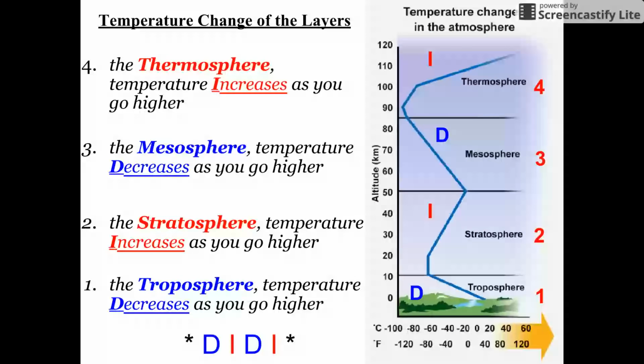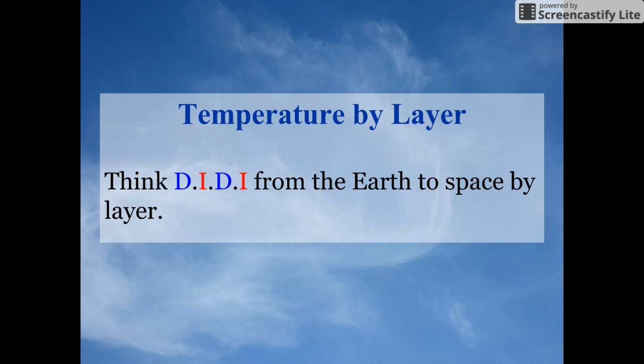The temperature increases as you go higher because now you have very little protection from the sun. So again, temperature by layer. Think DIDI, from Earth to space by layer. Decrease, increase, decrease, increase. Thanks for listening.